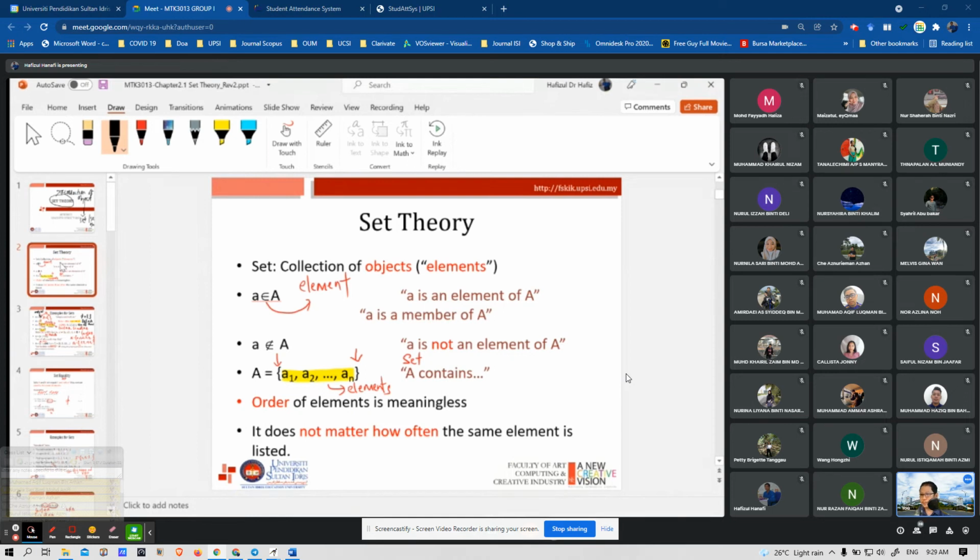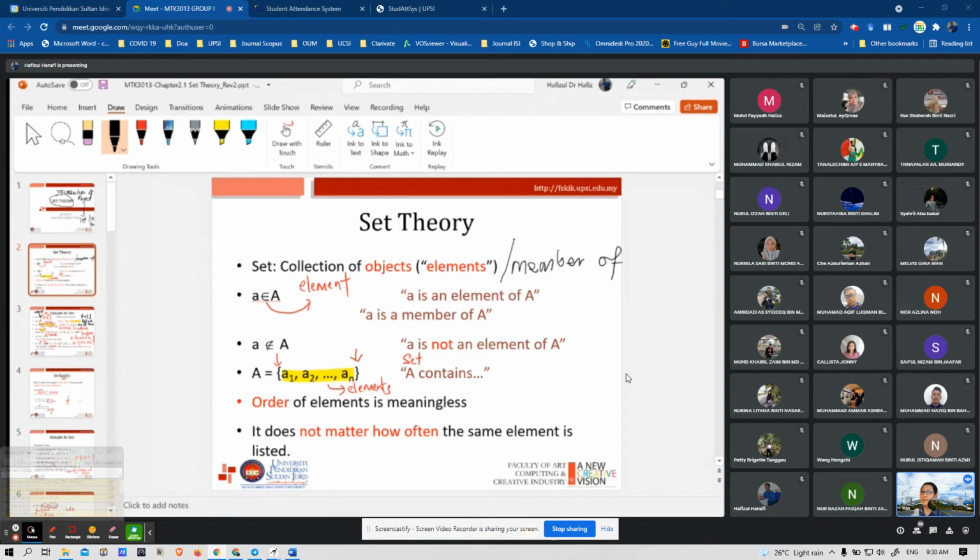Then you have a is an element of A. Sometimes you call it a member of A.